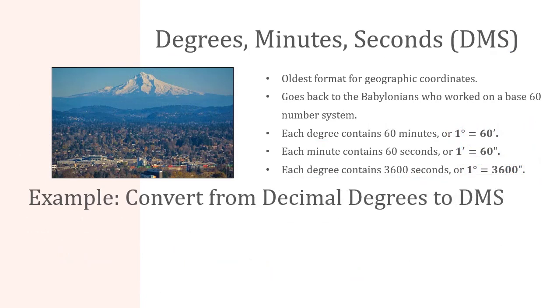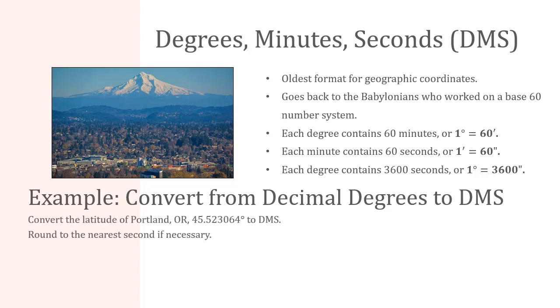Let's try another example. In this example, we're going to convert from decimal degrees to degrees, minutes, seconds. So convert the latitude of Portland, Oregon, which is 45.523064 degrees, convert that into degrees, minutes, seconds. Okay, so let me write down the original problem.